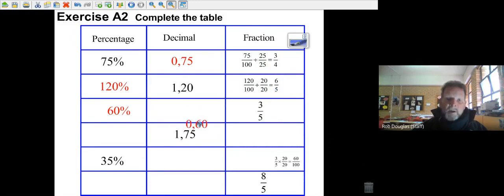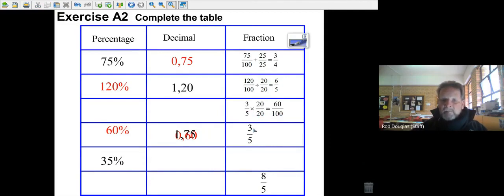Okay, if you've got 3 over 5, and you're trying to figure out what this is as a decimal and a percentage, well, what we have to do is figure out what 3 over 5 is as a fraction of 100. So you have to change 5 into 100 by multiplying by 20. 5 times 20 is 100.